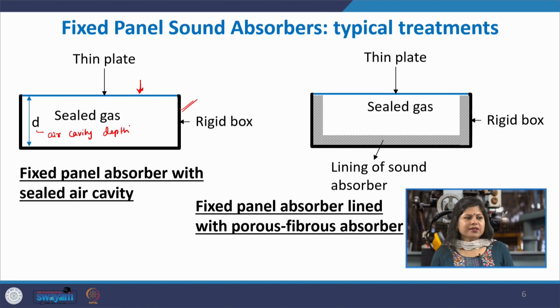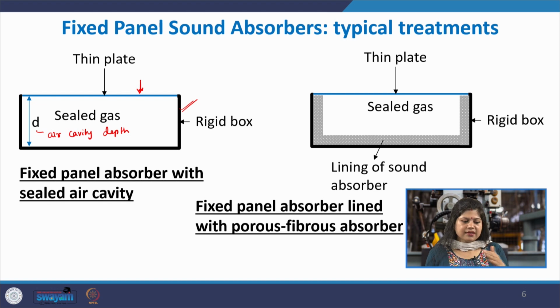Okay. So, it's as simple as that: you can either have a stiff panel hanging from the roof, or you can have a panel attached to a rigid backing. And how do you attach it? You make a box-like structure and attach it to that rigid wall. You have this panel which is free to vibrate, and it is backed by a rigid box which contains a confined or sealed gas.